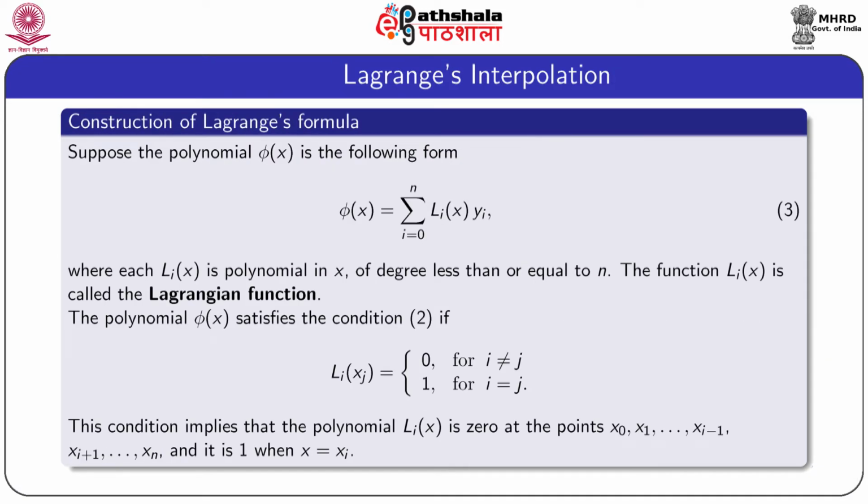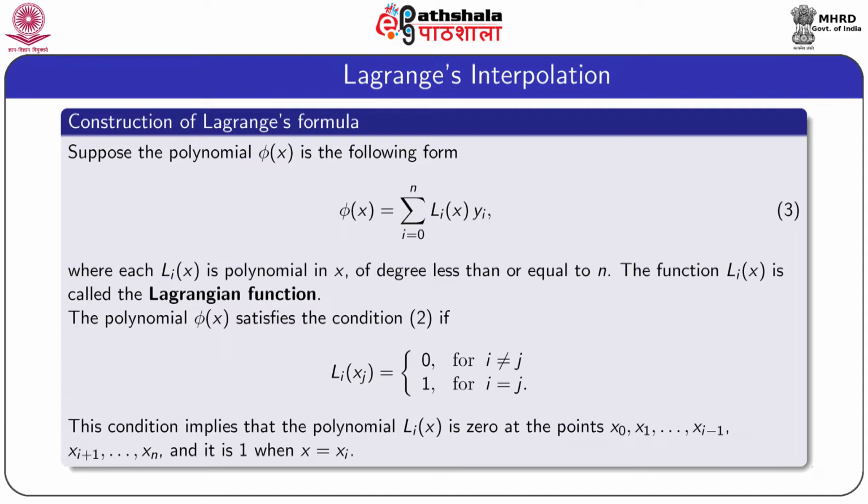Now, let us consider the polynomial phi(x) in the following form in the Lagrangian formula. Phi(x) is equal to the summation i equal to 0 to n of L_i(x) into y_i, where each L_i(x) is a polynomial in x of degree less than or equal to n. In general, it is a polynomial of degree n, and this polynomial L_i(x) is called the Lagrangian function.